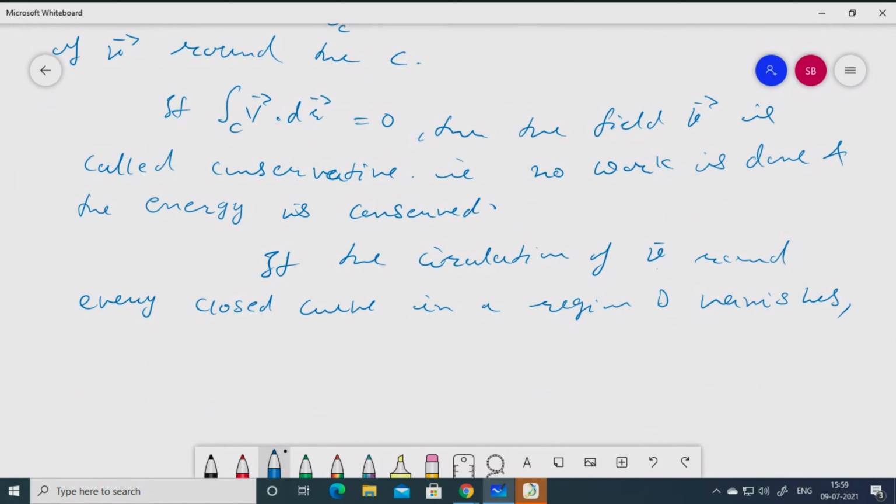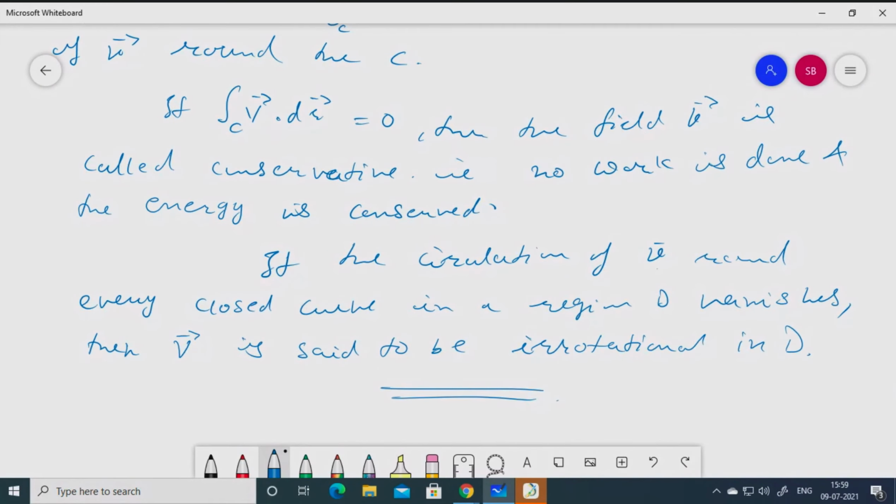It vanishes, then v bar is said to be irrotational in D. Understood all of you?